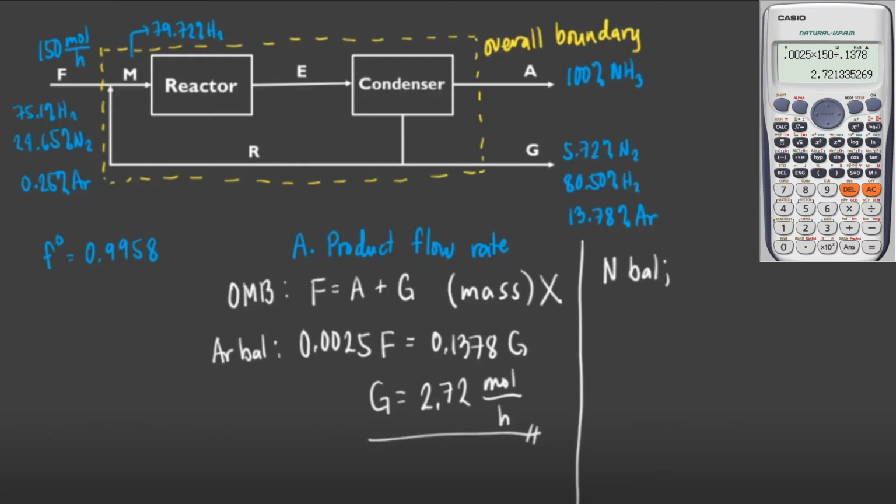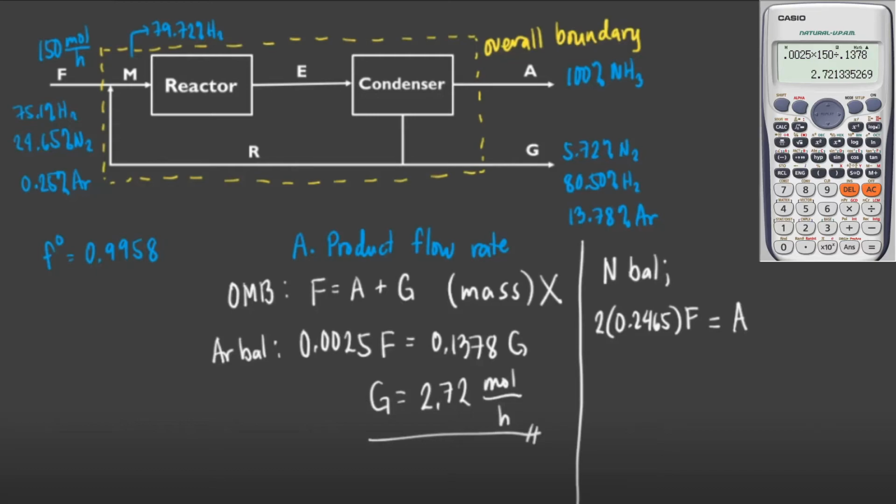Our nitrogen balance is written as 2 times 0.2465 times F. This is the number of moles of nitrogen in the feed. That is equal to the number of moles of nitrogen in the ammonia stream. That is simply written as A. A is the molar flow rate of the product stream, and it just so happens that it is pure ammonia.